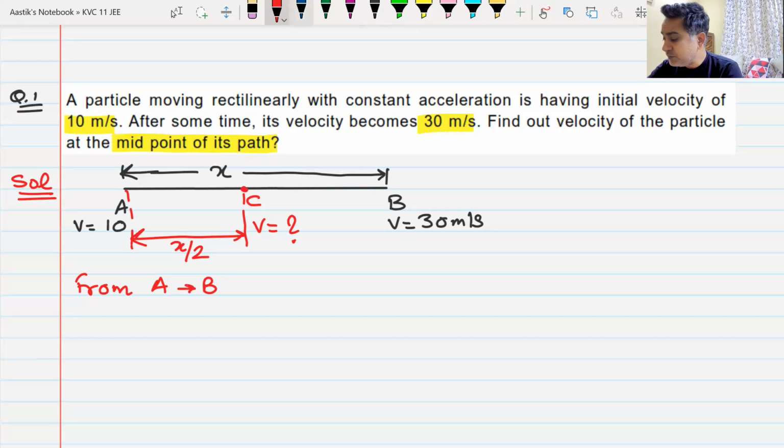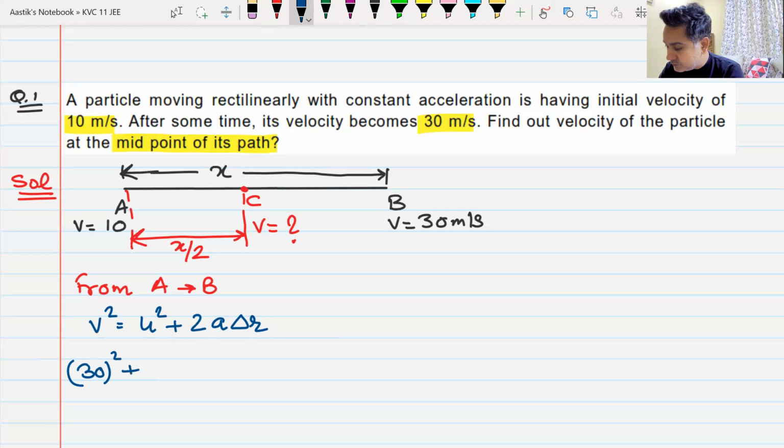I will use the equation v square is equal to u square plus 2 times a into the displacement delta r. Everything is given to me. v is 30, so I write it as 30 square, is equal to the initial velocity u, which is given as 10.